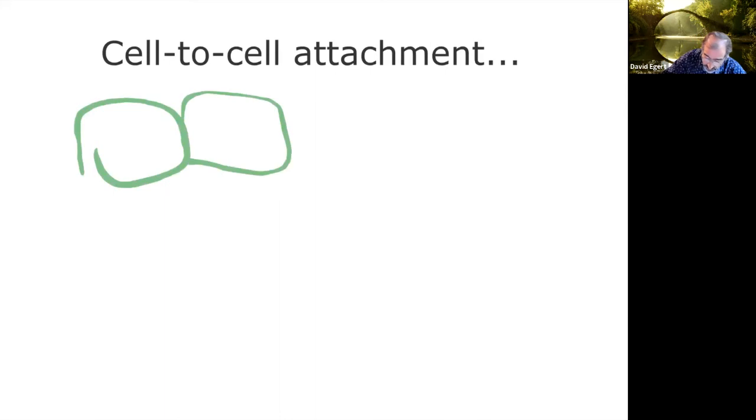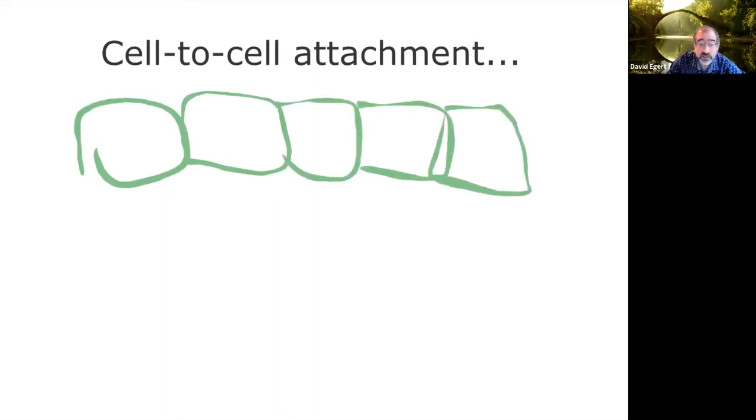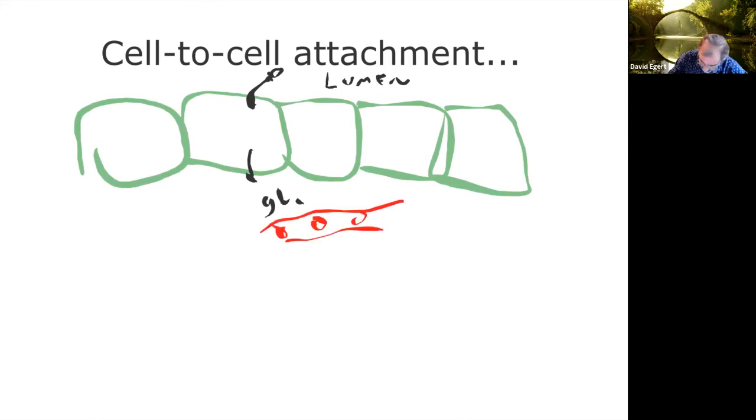So remember in transepithelial transport, we have our cells, and we are pumping glucose across and everything. There was the lumen. There's like our blood vessel in here. So we want to make sure that the sugar comes across and we get into our bloodstream.